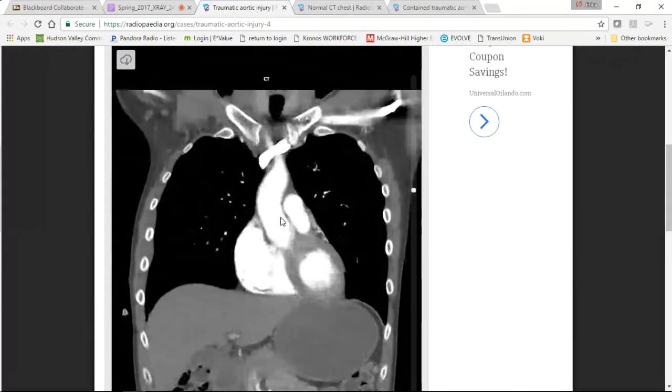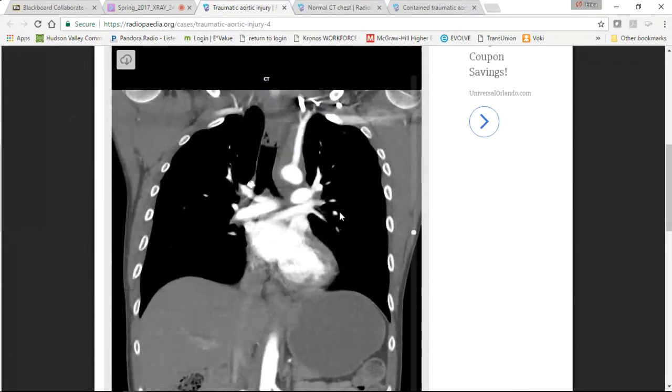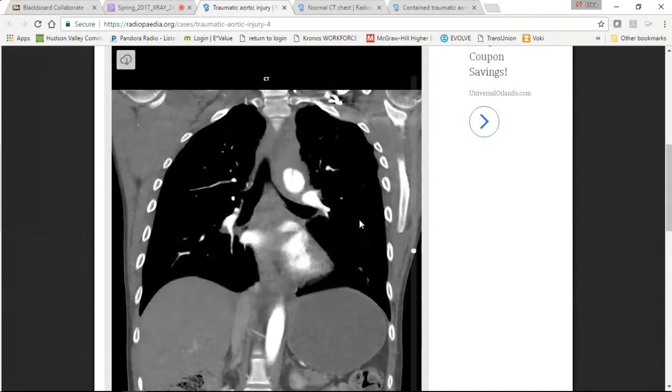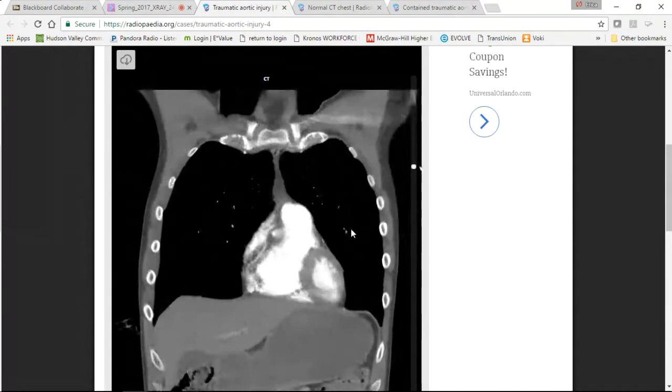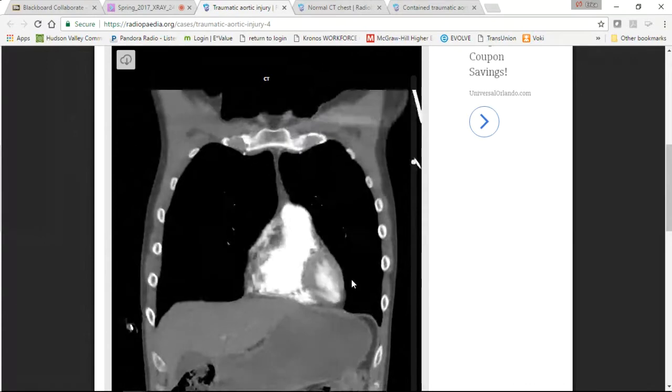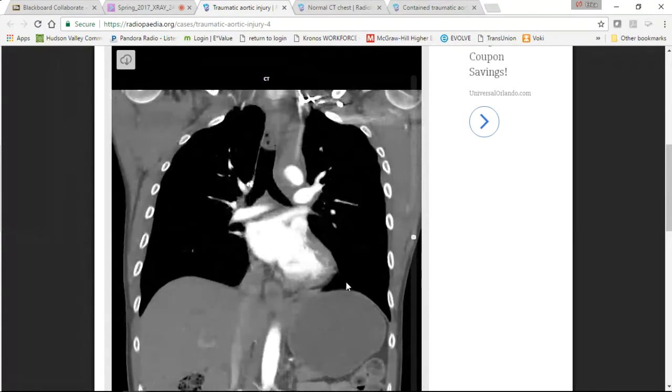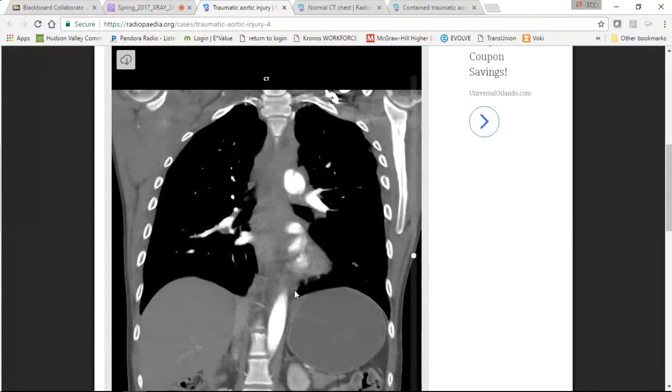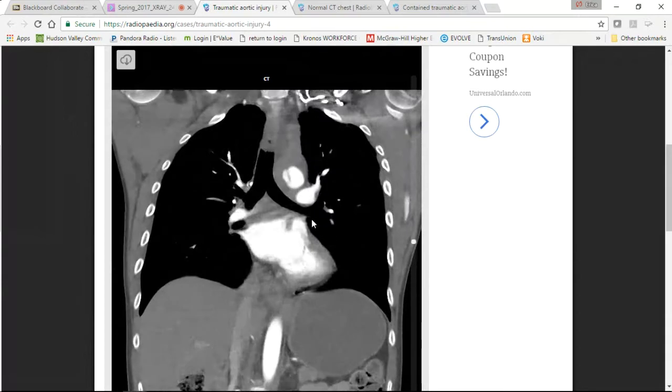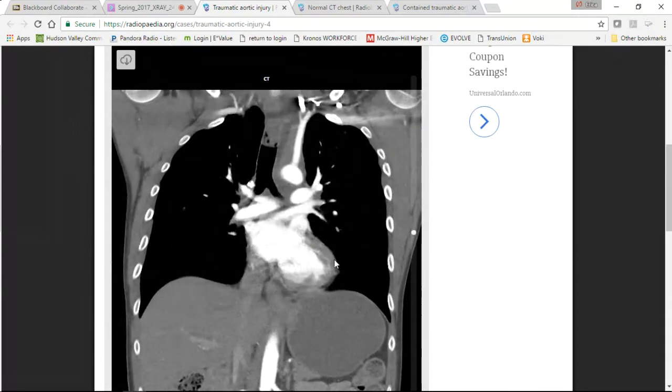Okay, so there's this one, anterior, right lung, left lung. Okay, this guy's got trauma, so it's pushing stuff around. You can't quite see. There's your lingula of your left lung, cardiac notch, hilum.